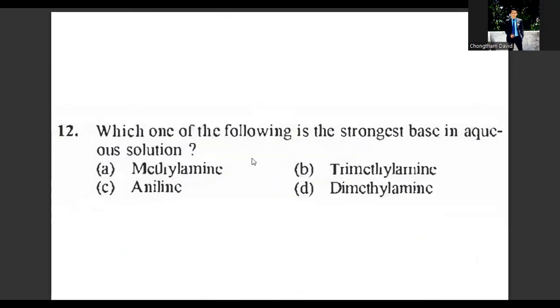Which of the following is the strongest base in aqueous solution? The strongest base. See, aromatic amines are less basic than aliphatic amines. Among the aliphatic amines, the order of basicity will follow secondary, primary, and tertiary. This is the order.